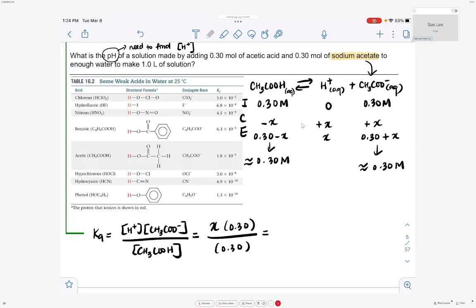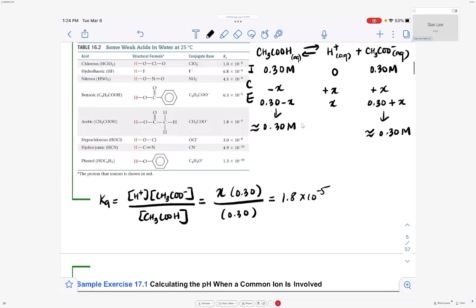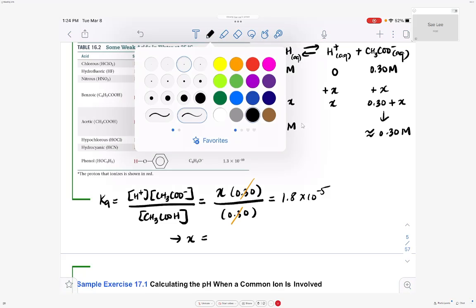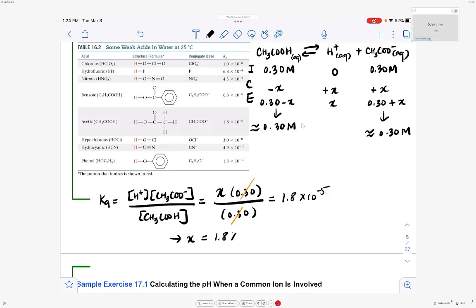So we know that the Ka of this acetic acid is 1.8 times 10 to the negative 5. If we solve for X, X is basically 1.8 times 10 to the negative 5.